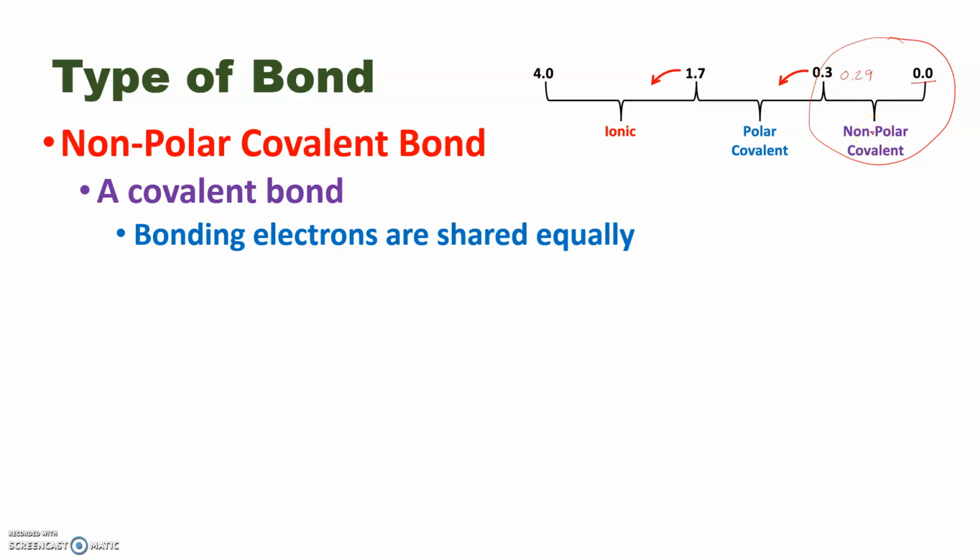If the difference between the two elements is really, really low, those two elements will bond and form a non-polar covalent bond. Now, what does that mean? That means when they bond, they will share their electrons very equally. It's a very equal sharing opportunity. Both atoms spend about equal time with the electrons, and that's that.